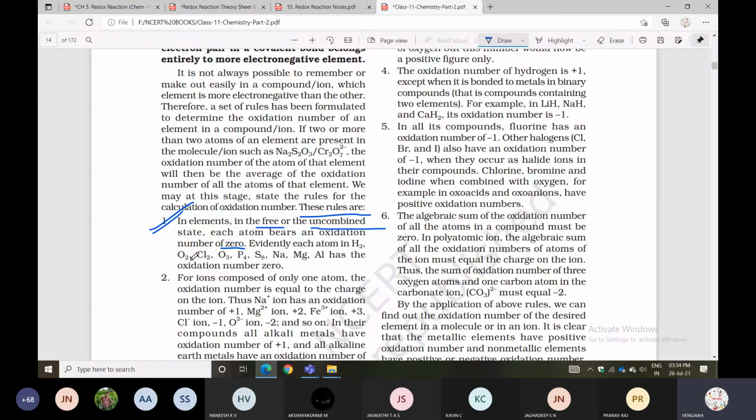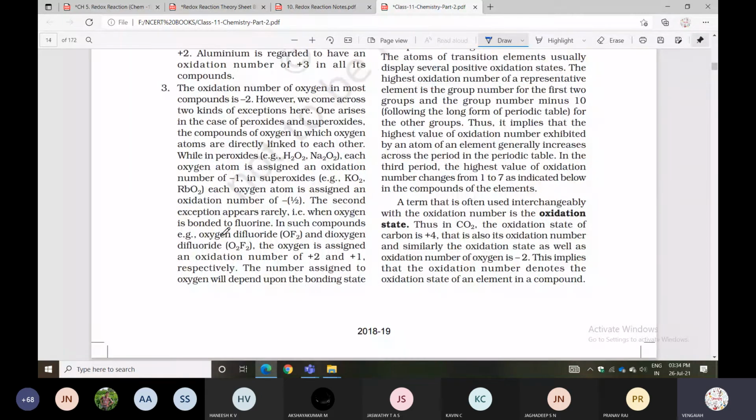Next one. Now for oxygen, you can get variable states, like peroxide bond, superoxides, ozonides, oxides, O2F2, OF2. Those conditions also they have given. Generally the oxidation number of oxygen is -2.